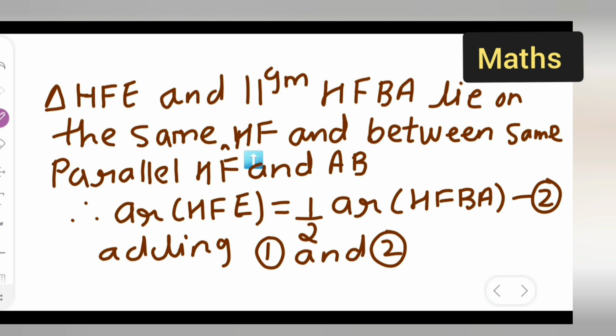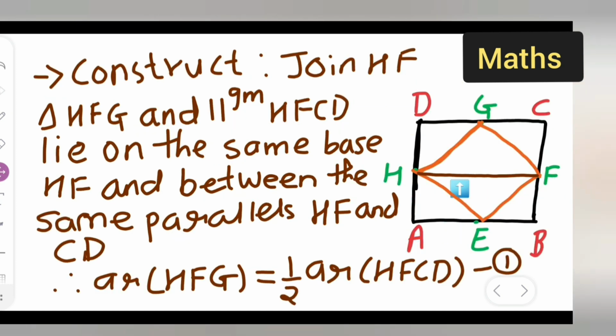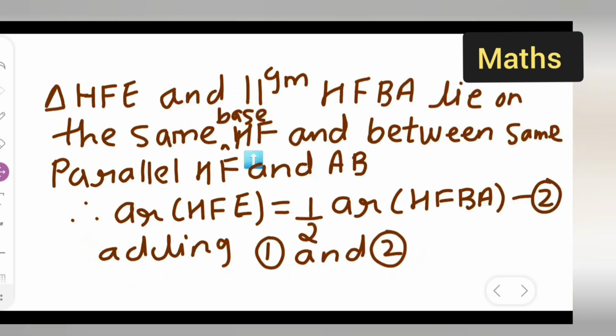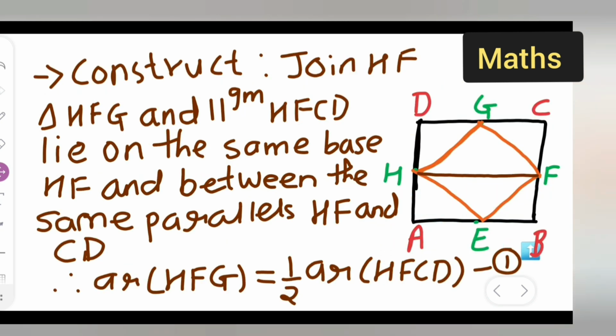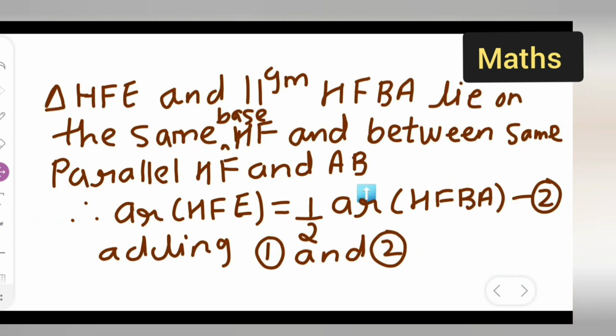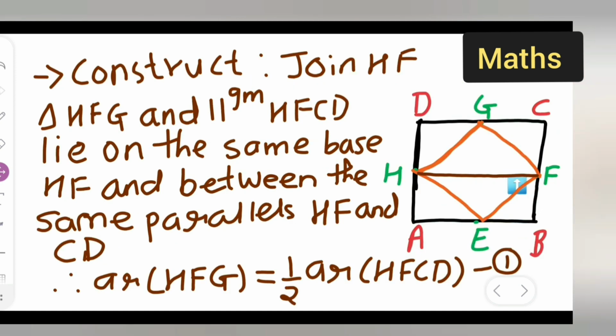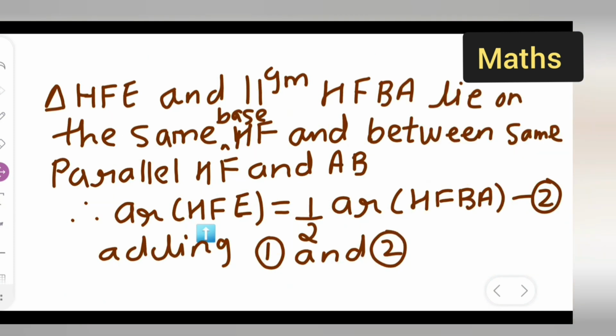Here HF is the same base for this triangle as well as the parallelogram, and between the same parallels HF and AB. HF is parallel to AB, both of them are parallel. Therefore, area HFE is equal to half of ABFH, and you have taken it as equation 2.